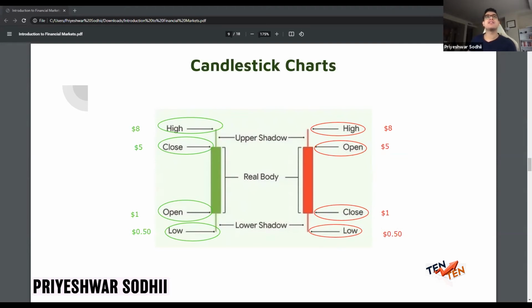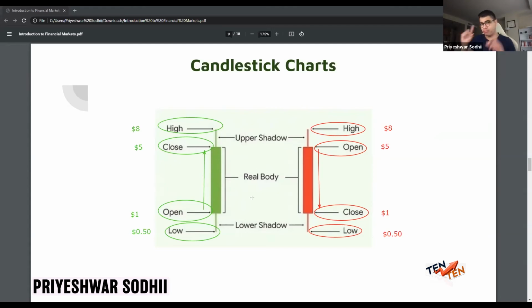But in the end, the price closed at about 1. So again, hopefully you guys are understanding this. If not, feel free to ask questions. Here, the price is going higher. So it's opening low, it's closing higher. Whereas in the red candlesticks, the price is opening higher, but closing low. I'm going to keep the numbers the same so you guys can understand.